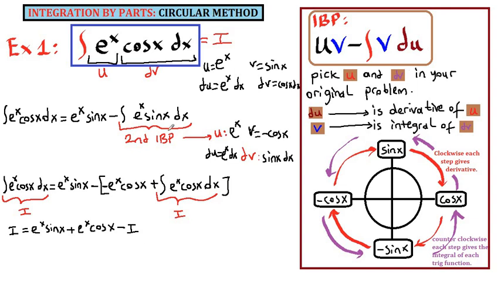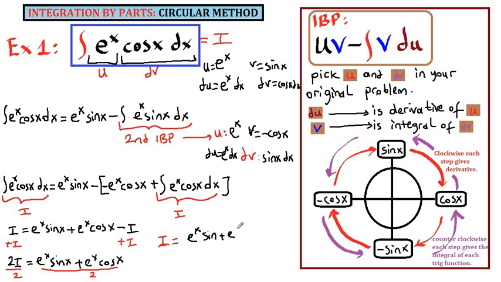Now we have to merge the I's, add I on both sides. So what we have is 2I is equal to e to the x sine x plus e to the x cosine x. We're solving for I, so we can divide both sides by 2. Then I is equal to e to the x sine x plus e to the x cosine x, divided by 2.